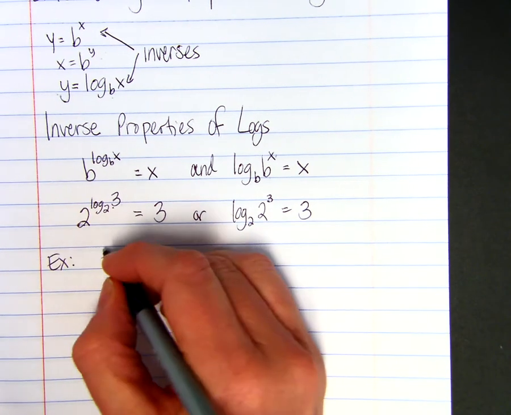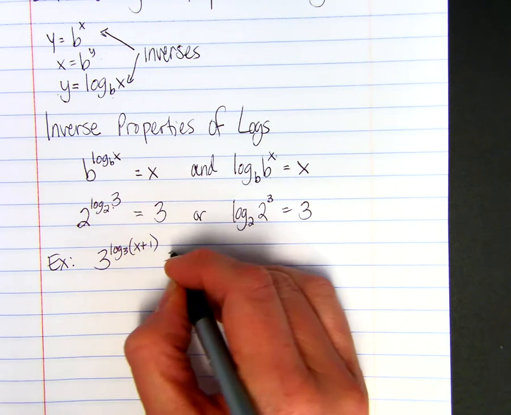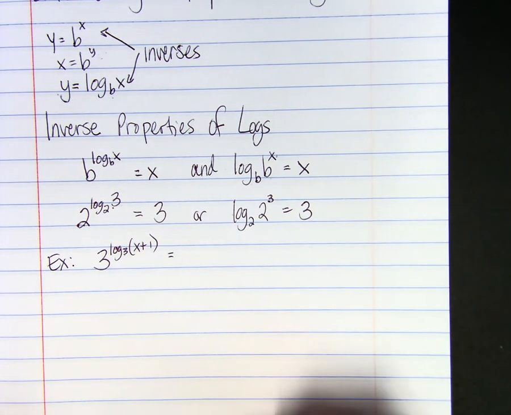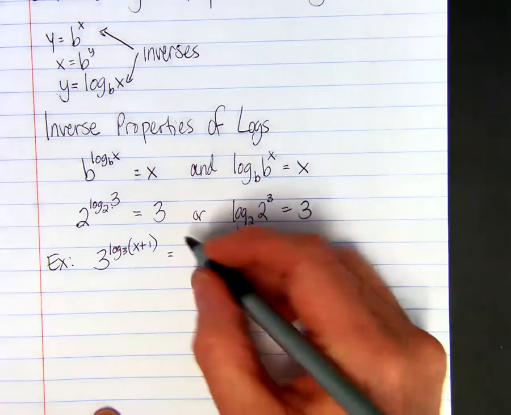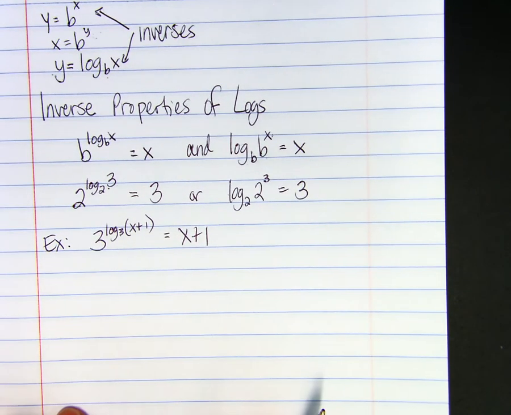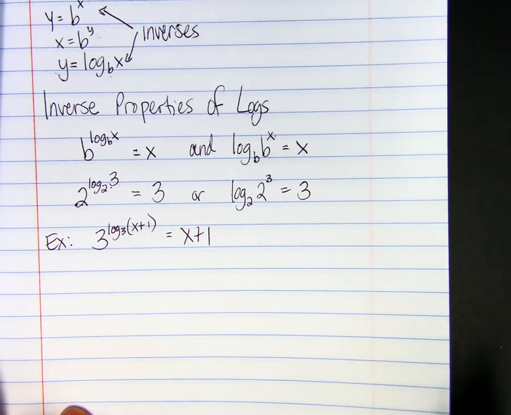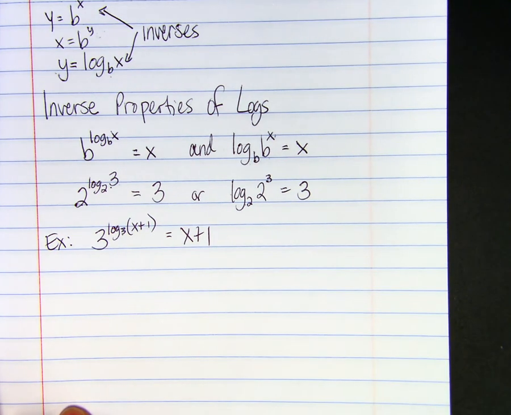You can do this. 3 to the log base 3 of x plus 1. What does that equal? Equals x plus 1. There you go. But I wanna know why. Well, just accept it. I will show you more of it later, okay? It's just taking up all of my class time to show you the whys behind everything. But it's okay.